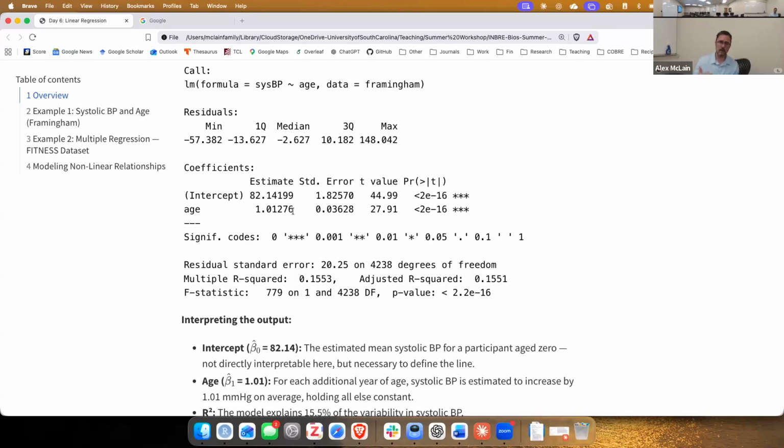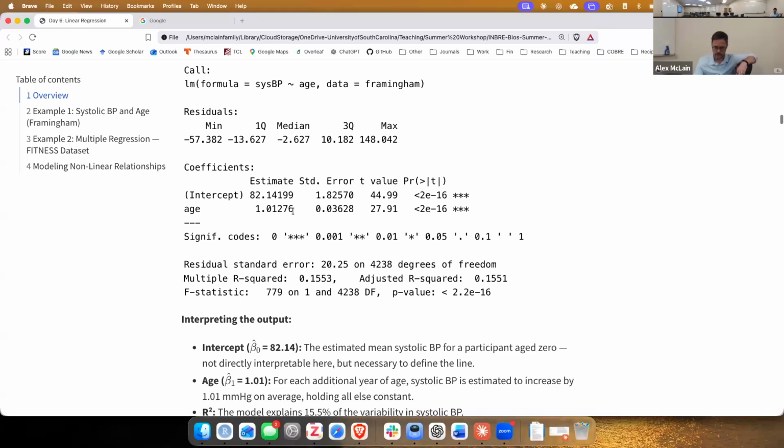So for each additional year, systolic blood pressure increases by about 1 unit. If you're talking about a 10-year age difference, which is a little more interpretable, you're going to see about a 10-unit increase in systolic blood pressure. That's what we would expect it to be.